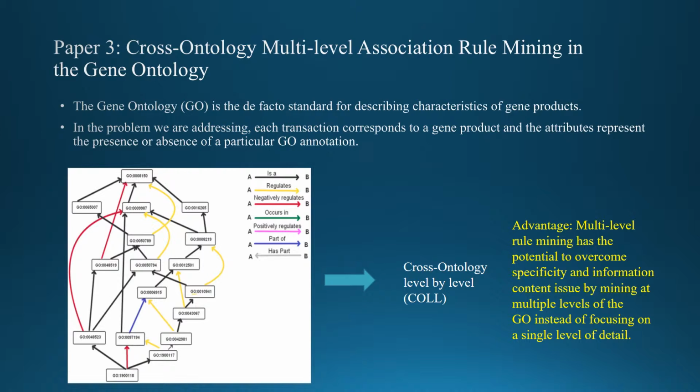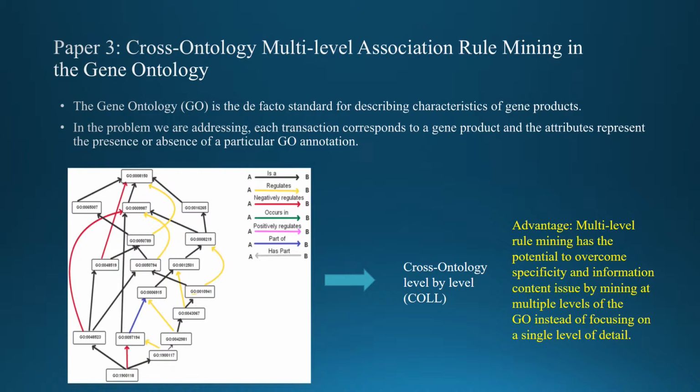And the advantage of this algorithm, as seen here, is that the multi-level rule mining has the potential to overcome the specificity and information content issues by mining at multiple levels of the gene ontology instead of just focusing on a single level of detail.